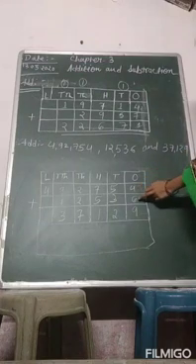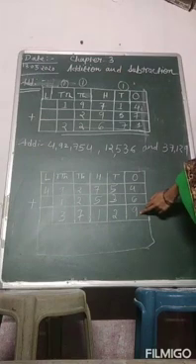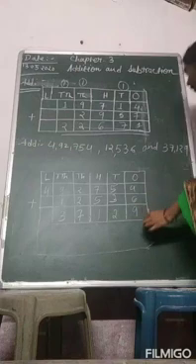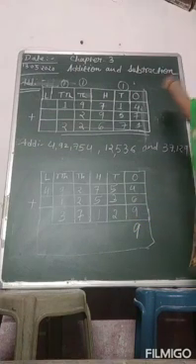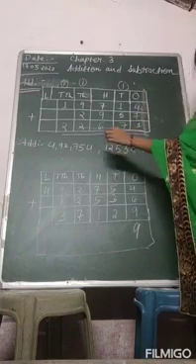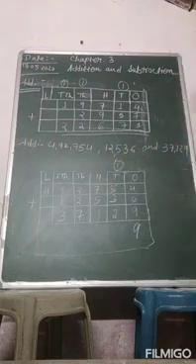So 4 plus 6 plus 9, it's 19. So place the digit 9 in the ones place and carry over the digit 1 to the tens place.